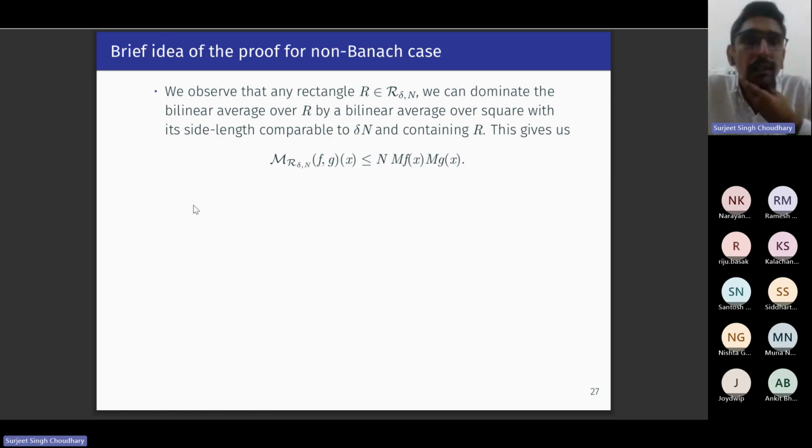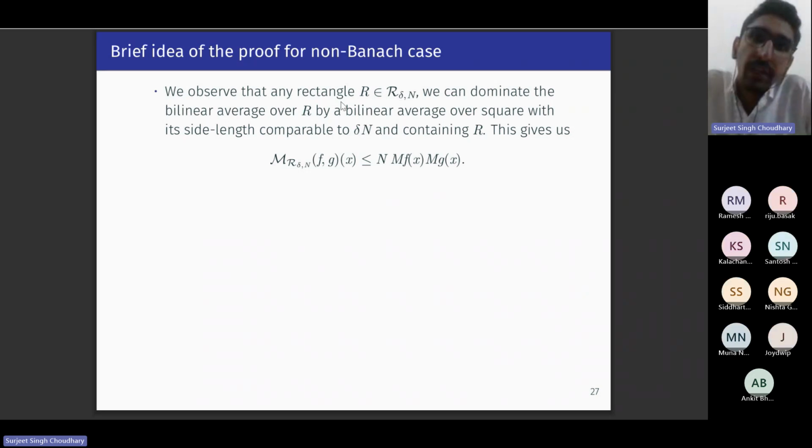First, let us see the proof for the non-Banach case. In the non-Banach case, we can see that for any rectangle R, we can dominate the average over the rectangle R by the average over a square with side length comparable to delta n.